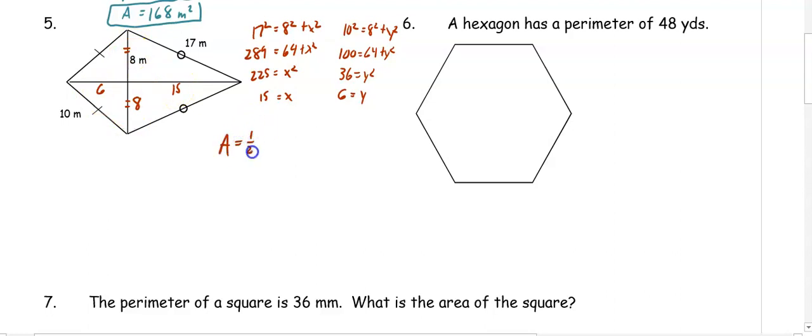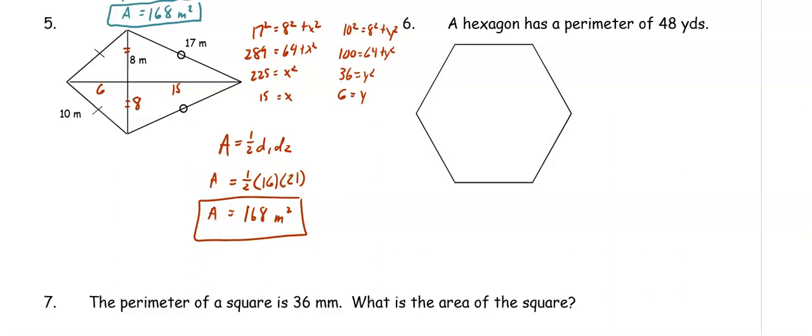The area of a kite is 1/2 diagonal 1 times diagonal 2. So we have 1/2 times 16 times 21. And if we multiply that out, we get 168 meters squared.